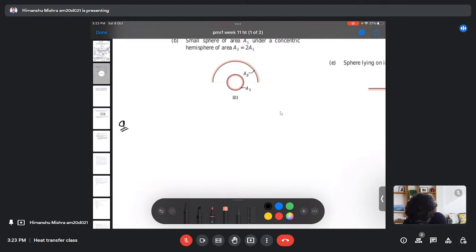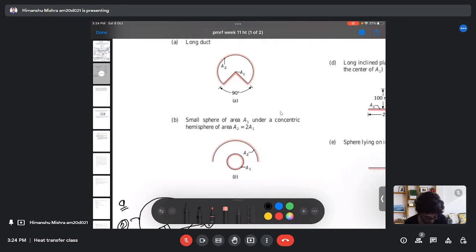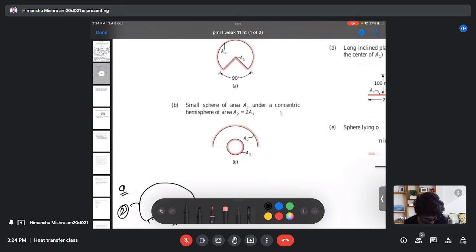So in case of A, this is the geometry. So let's say this is my surface 2 and this is my surface 1. So we need to find the view factors f1,2 and f2,1.